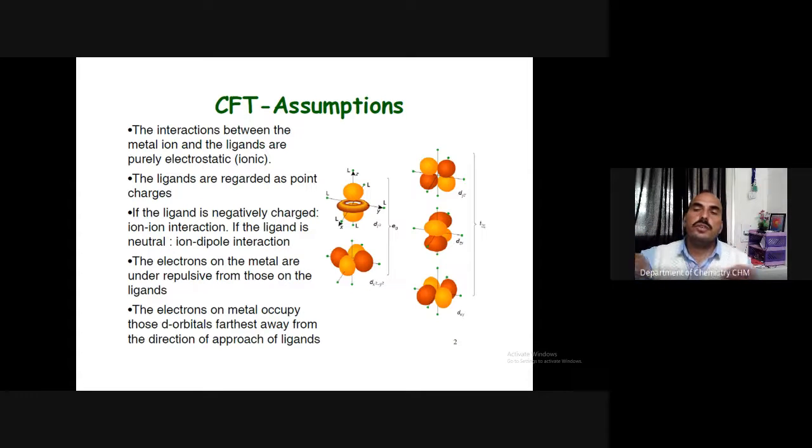Then whatever resulting geometry comes can be explained based on this splitting and the arrangement of the electrons on the metal and the repulsion they face from the ligands.